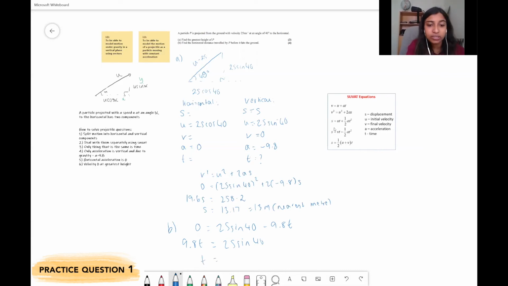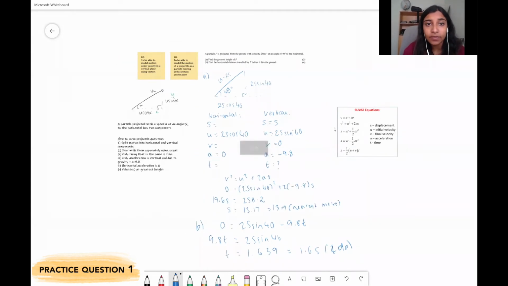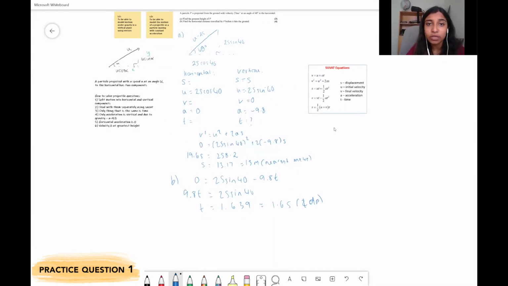That means t is equal to 1.639, which we say is 1.6 seconds to 1 decimal place. That's how long it takes for the particle to go to the greatest height, and for it to come back down would be double that.